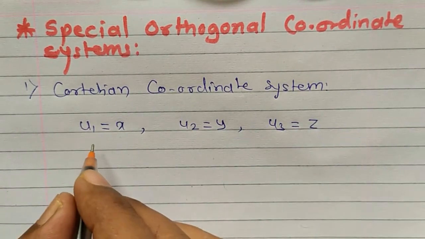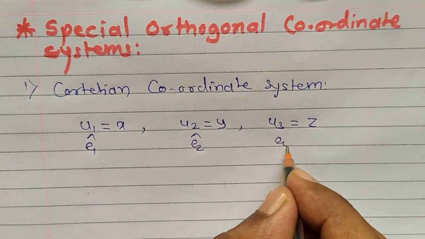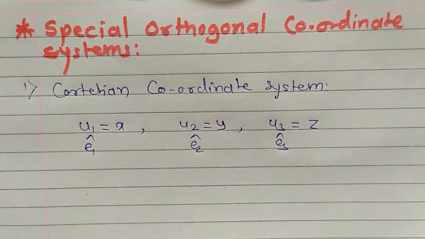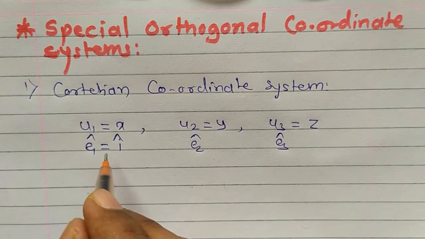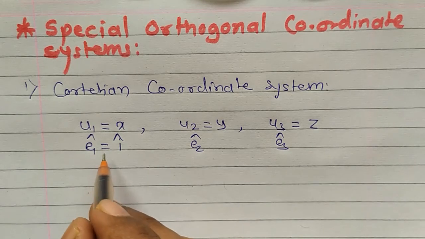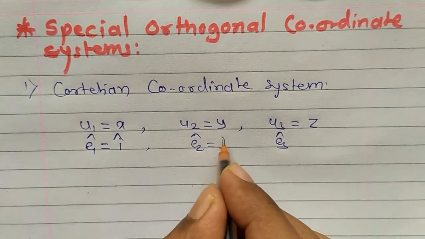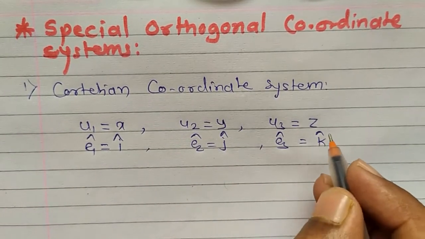Similarly, e1 cap, e2 cap and e3 cap were the unit vectors in orthogonal curvilinear coordinate system, and if you compare you will understand that e1 is i cap, then e2 is j cap and e3 is k cap.